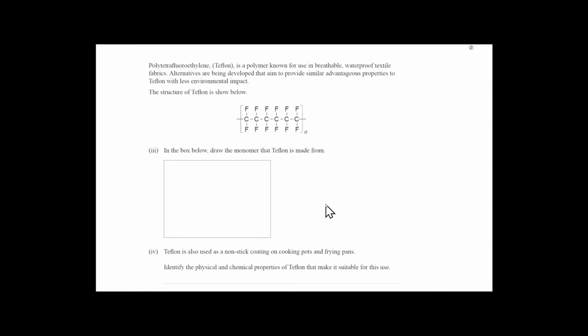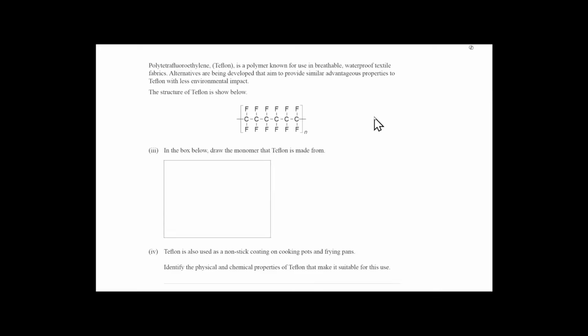Right, so now they tell us that polytetrafluoroethylene, better known as Teflon, is a polymer known for its use in breathable, waterproof textile fabrics and cooking pans. Alternatives are being developed that aim to provide similar advantageous properties to Teflon with less environmental impact. The structure of Teflon is shown below.